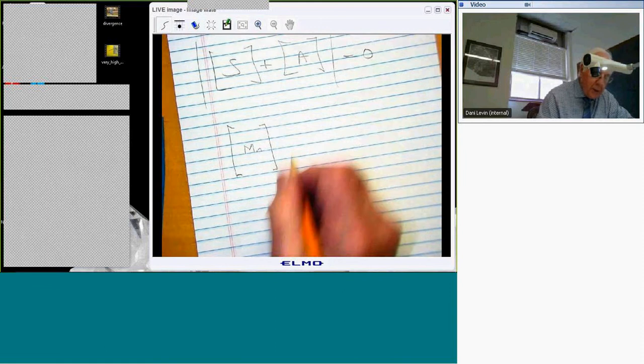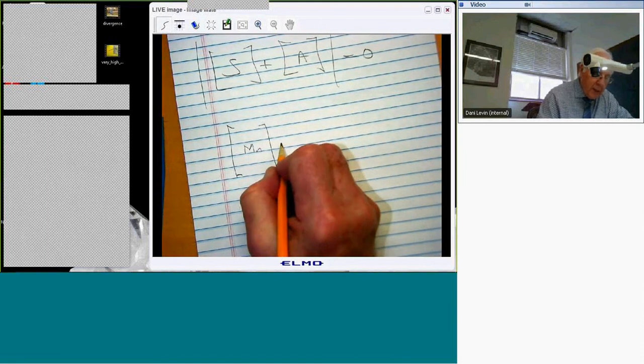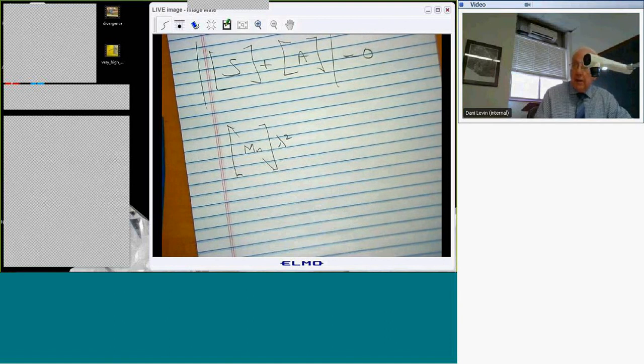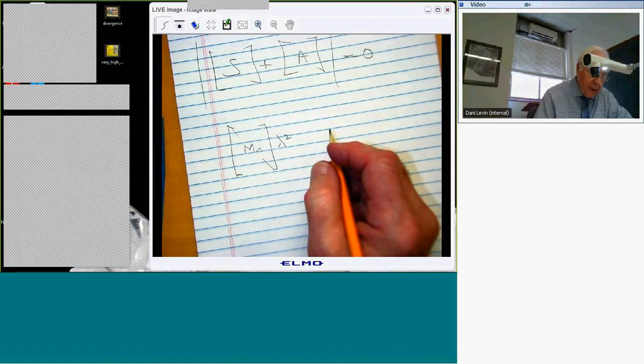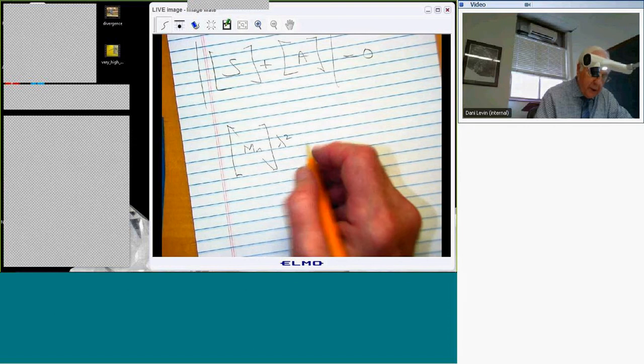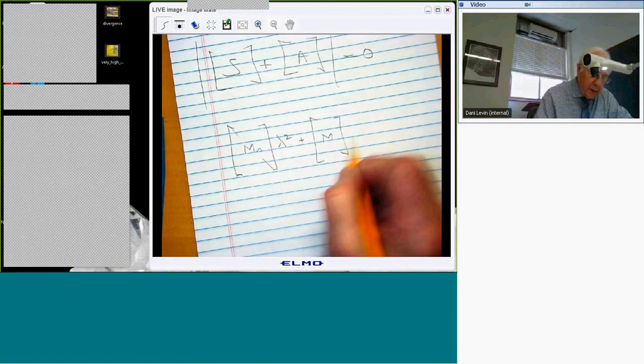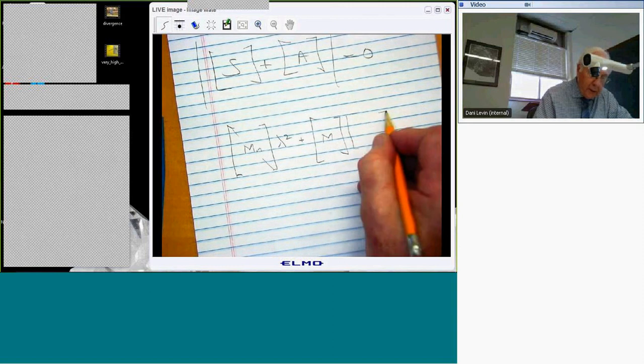It's M sub m times lambda squared, where this is a diagonal matrix, and then it's plus M sub m times a diagonal matrix of natural frequencies squared.